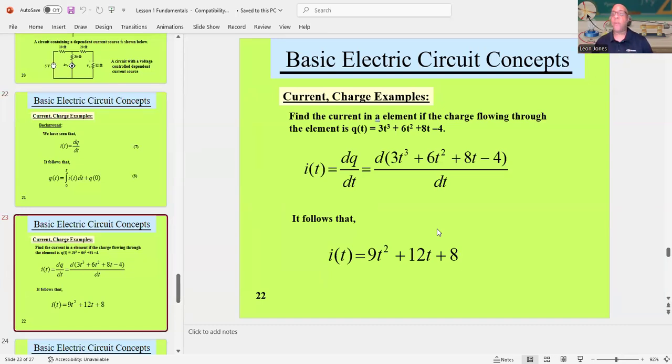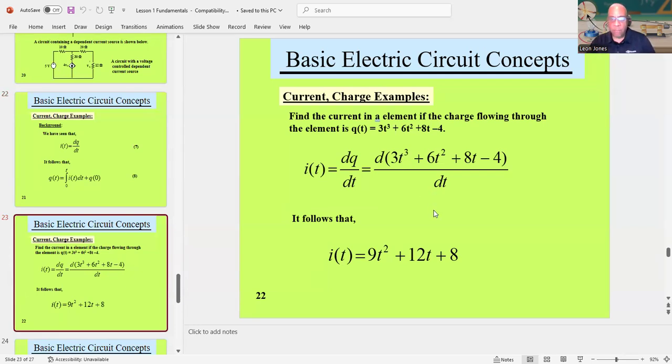Now, I'm going to do a first derivative for you right now. You have 3t cubed. To get the first derivative, I multiply the coefficient times the exponent, and I come up with 9t squared. So I took the coefficient, multiplied it by the exponent, and reduced the exponent once I got my product.